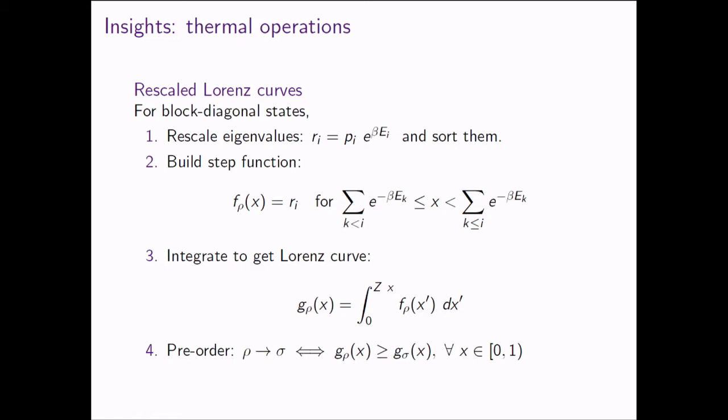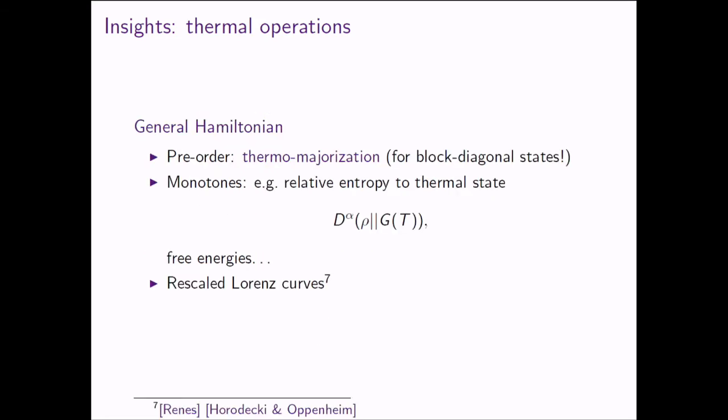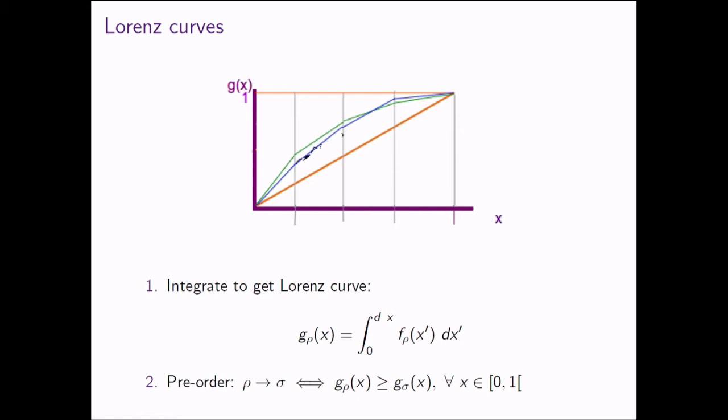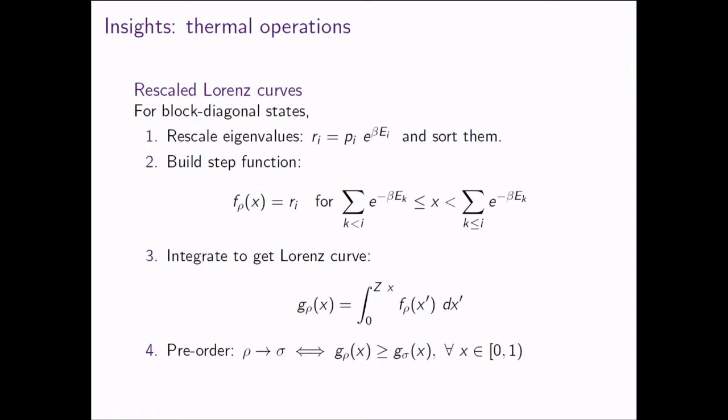Then you build your step function again, where this just means that you stretch this x-axis such that in the end, the function goes from 0 up to 1, okay? This is just so that it's easier to compare systems of different sizes, for example, or states of different systems.